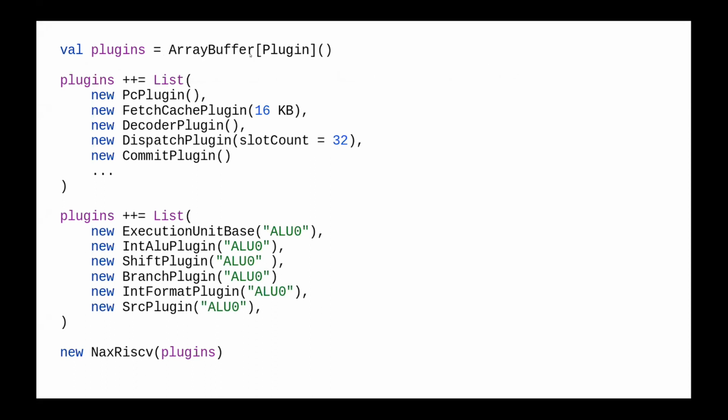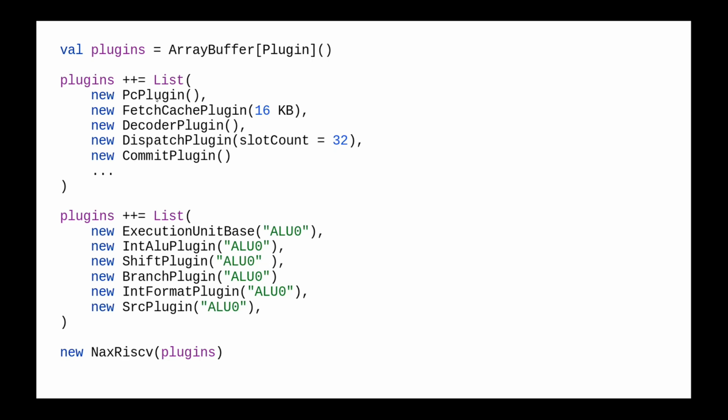It is an array buffer of plugins in which, for instance, you will have one plugin to manage the program counter, a bit like you have seen before, one plugin to manage the fetch instruction cache, to decode, one to dispatch, one to commit instructions. There will be one for the MMU, one for a bit of everything.